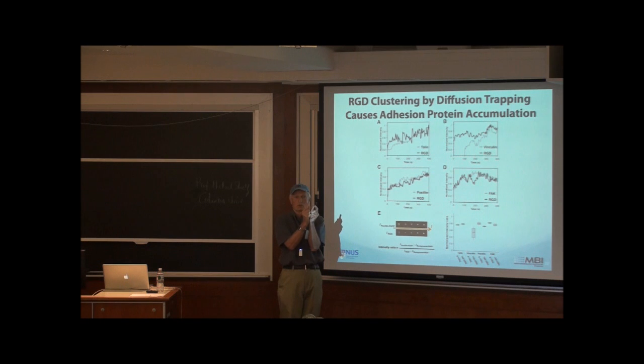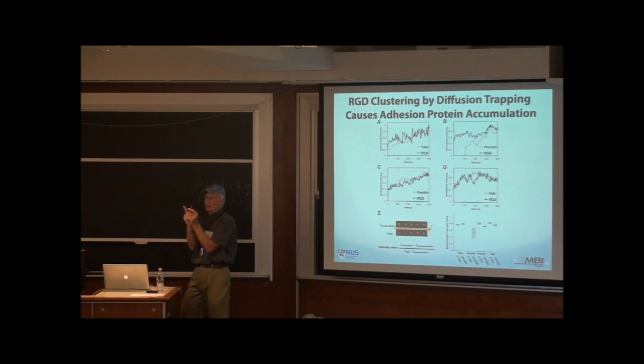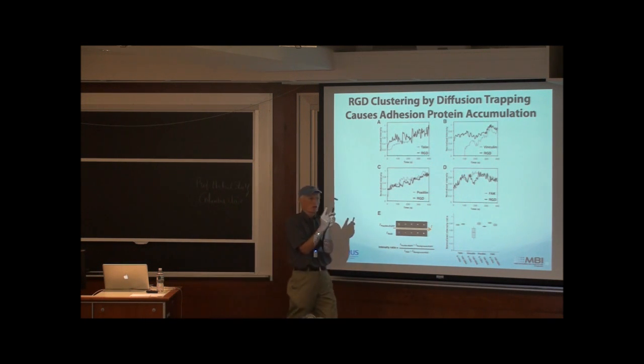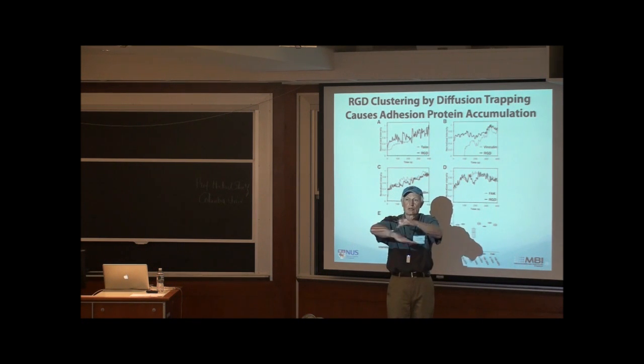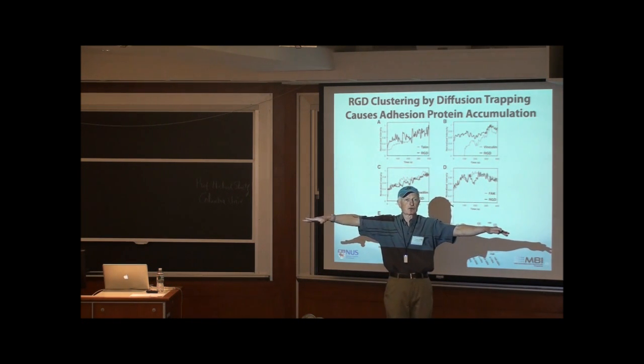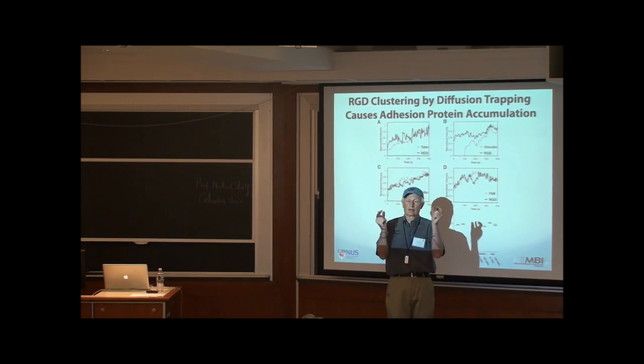Okay. When you think about it, it's a relatively profound issue because it explains quite simply why, when you have a uniform surface coated with a uniform distribution of fibronectin, you end up with adhesions where the integrins are concentrated in local regions. Okay.